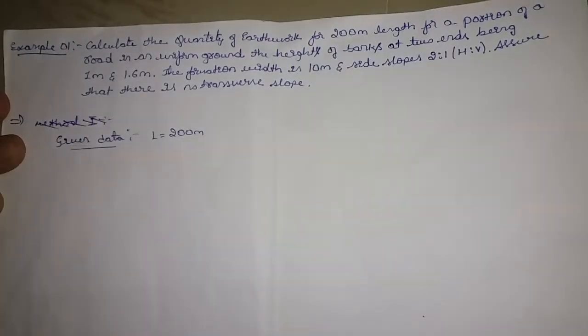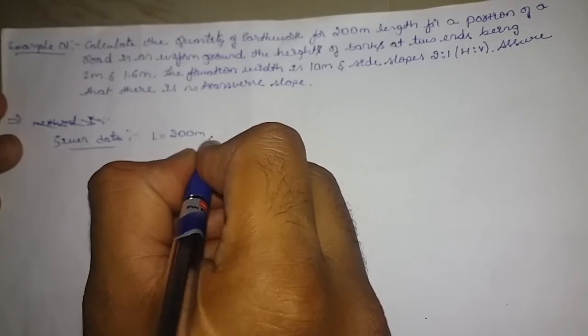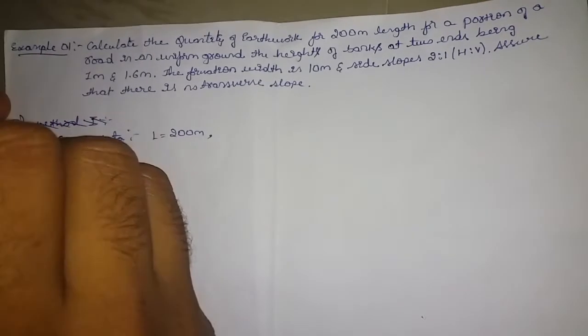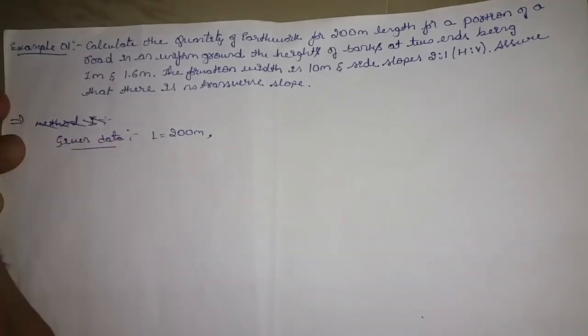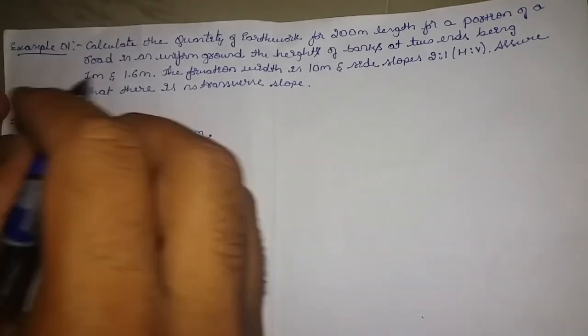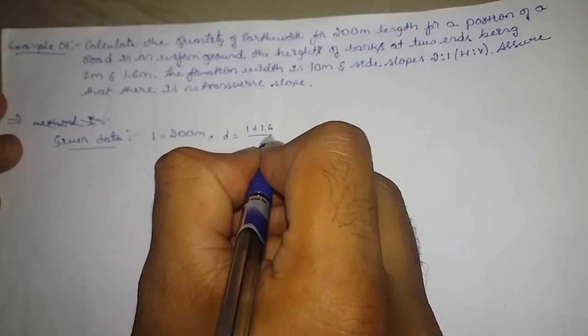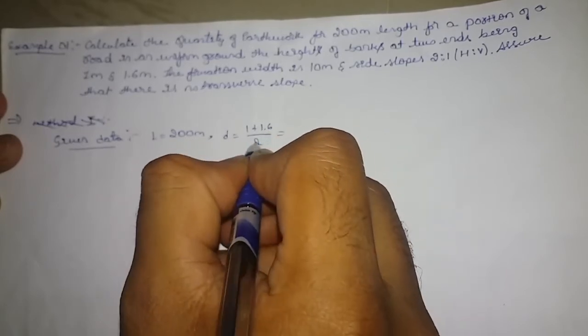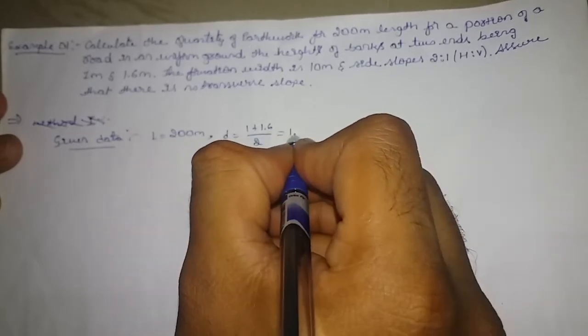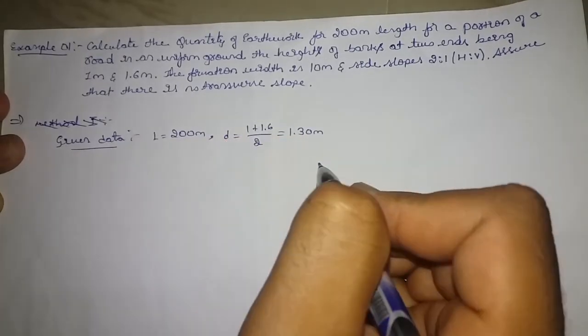Here the height, or depth, is given as two values. With the heights varying at the two sides, we need to take the mean depth. So d is equal to (1 + 1.6) / 2. Substituting in a calculator, I get 1.30 meter.